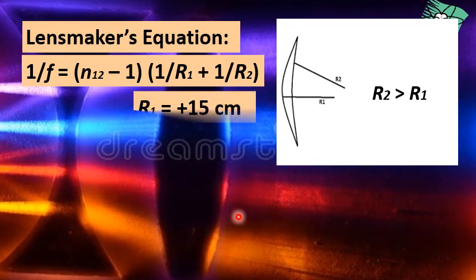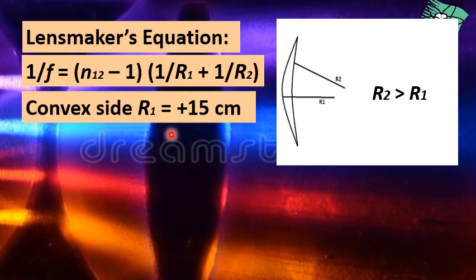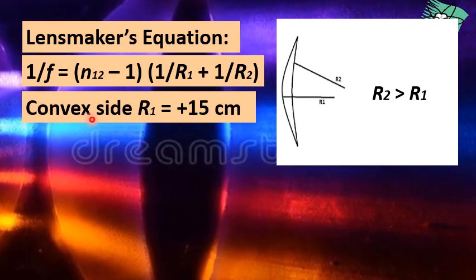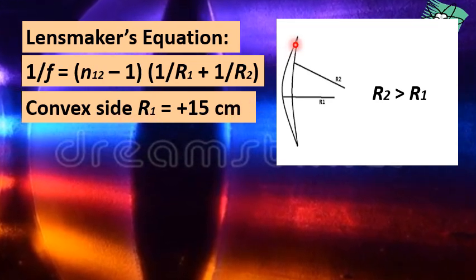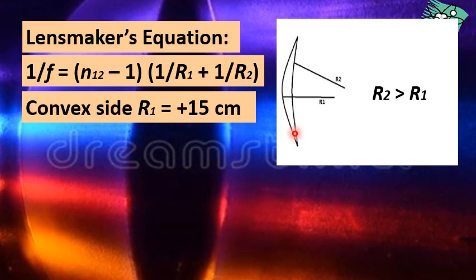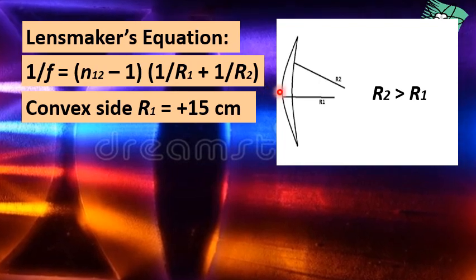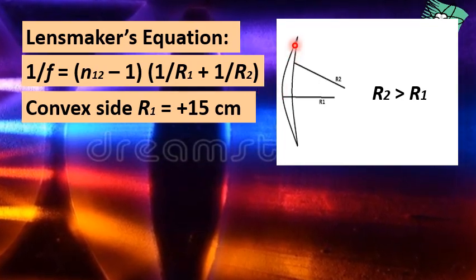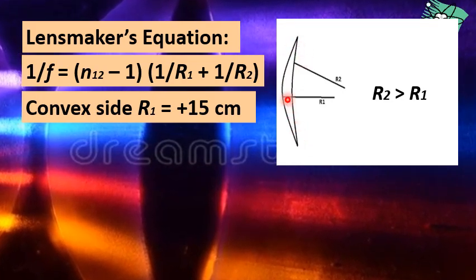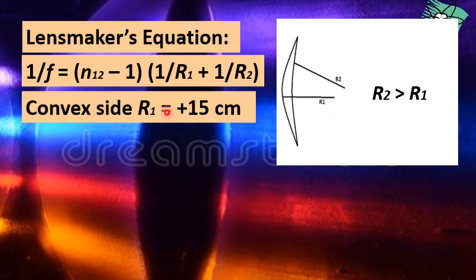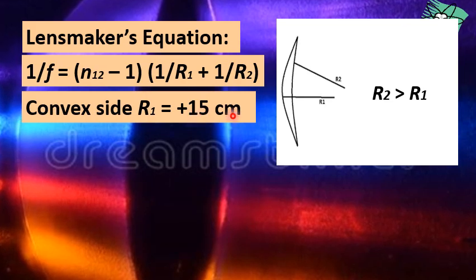So first, we will assume that the convex side of this lens, the surface that curves outward relative to an observer on the left, is what we call the convex surface, whose corresponding radius is denoted here by R1. So supposing R1 is equal to positive 15 centimeters.